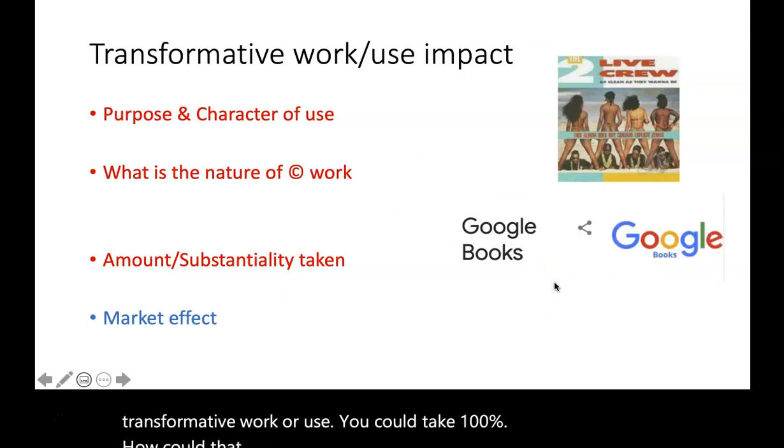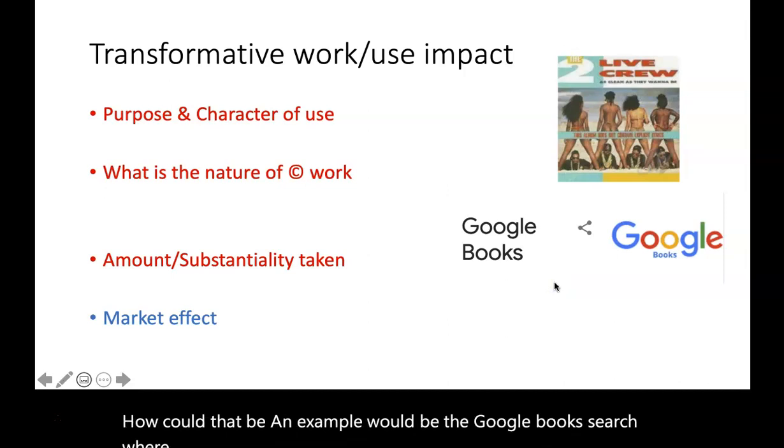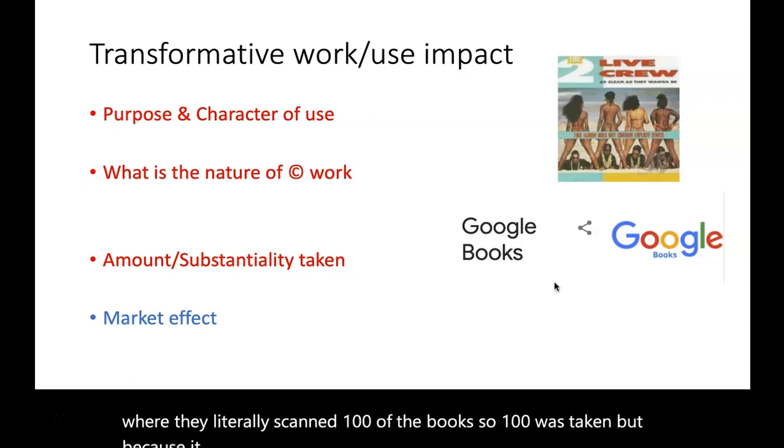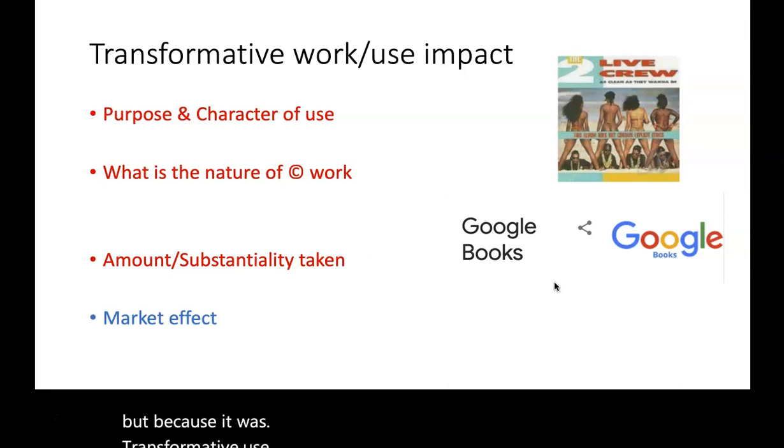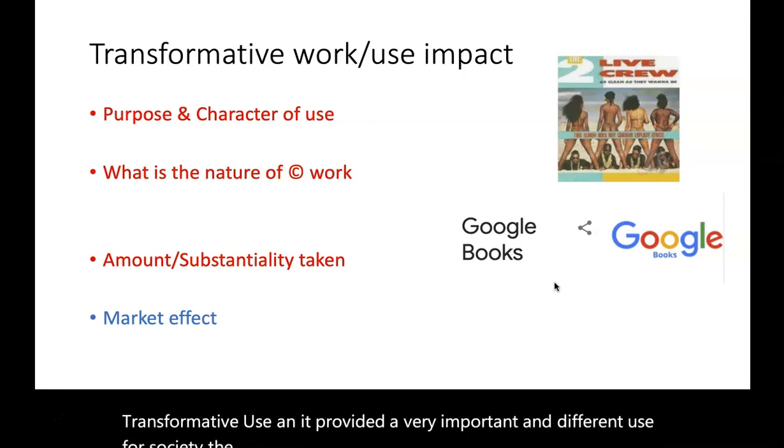Well, an example would be the Google Books search, where they literally scanned 100% of the books. So 100% was taken, but because it was a transformative use and it provided a very important and different use for society, the ability to search all of these books online, that is considered a fair use.